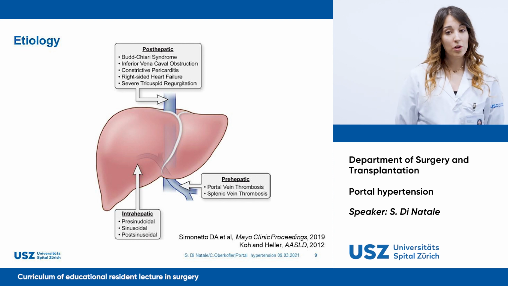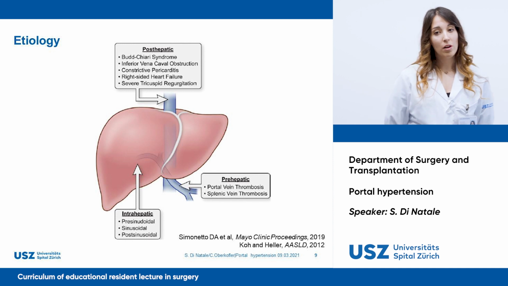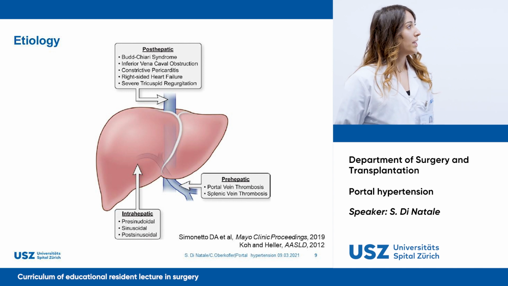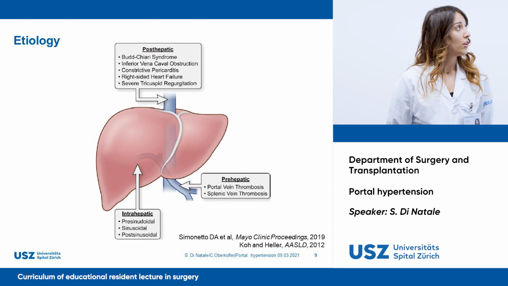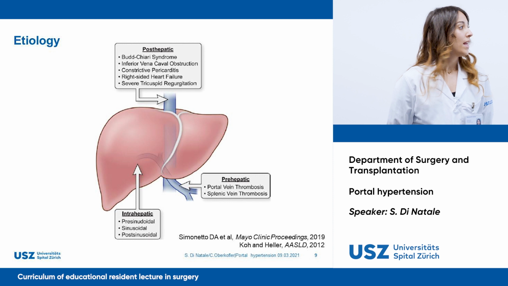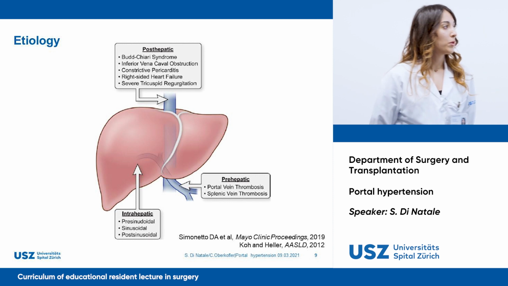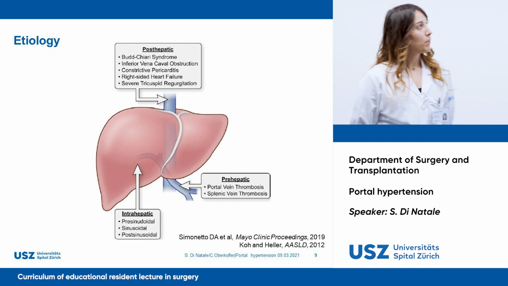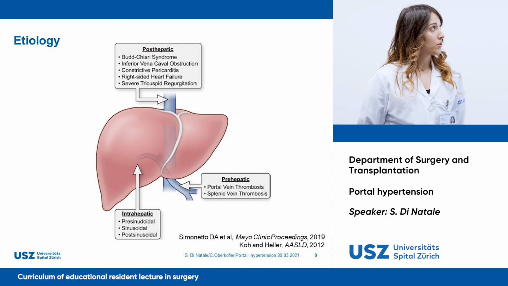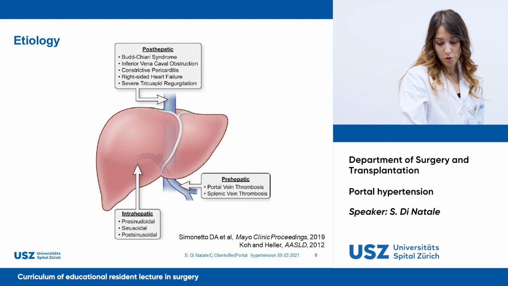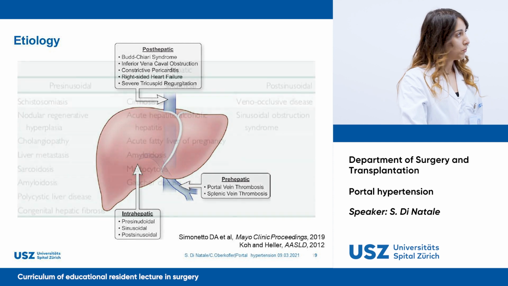Cirrhosis is the most common cause in Western countries, and all other causes account for less than 10% of the cases. According to their anatomical location, causes of portal hypertension are classified into post-, pre-, and intrahepatic. An isolated portal vein thrombosis may lead to a prehepatic portal hypertension due to an impaired blood flow, and Budd-Chiari syndrome and right-sided heart failure to posthepatic portal hypertension due to an obstructed venous outflow.